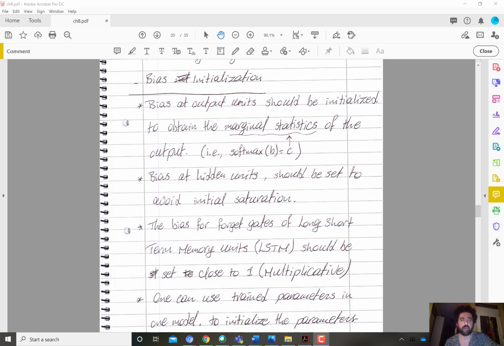So there is a bias parameter for every unit in the network, but typically there are far more weight parameters. So for example, if I have a layer 10 by 10, right? So 10 units and 10 units, and fully connected.